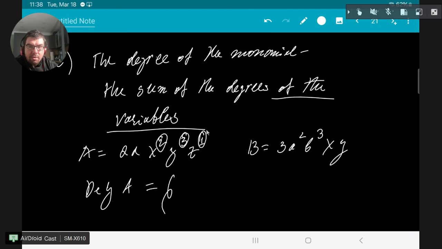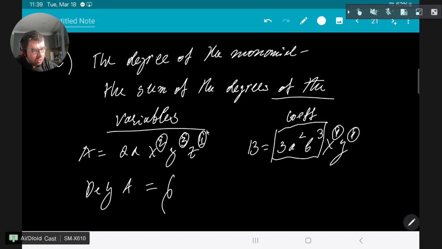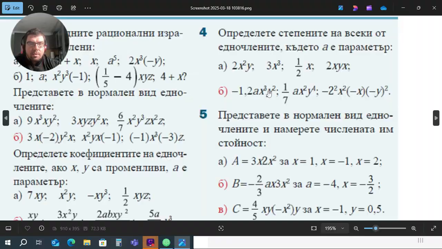They don't count in calculating the degree. So this thing here is my coefficient, and the degree is just 1 plus 1 is 2. So degree of b equals 2. I don't add 2 and 3, the degrees of the constants, in calculating the degree of the monomial. Okay, only the degrees of the variables count in the sum.